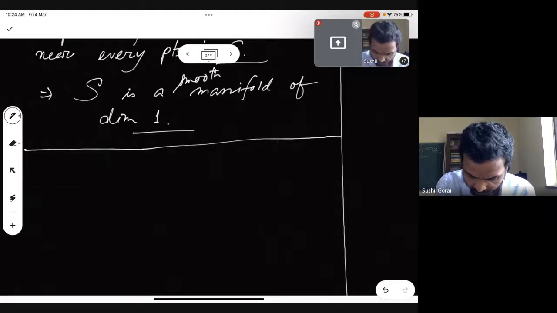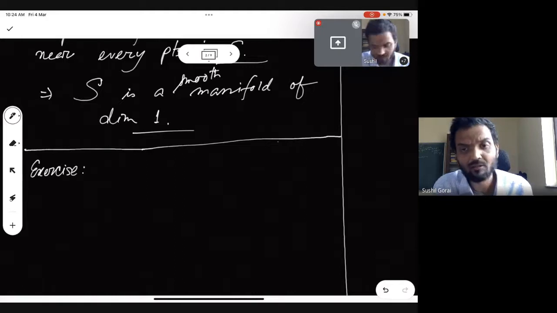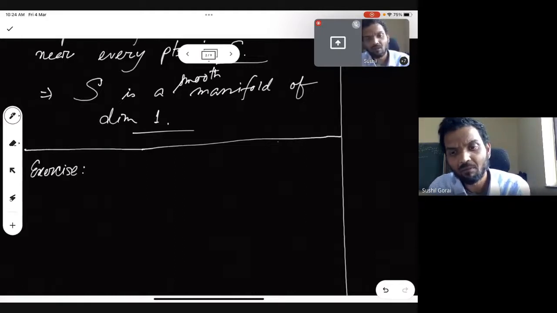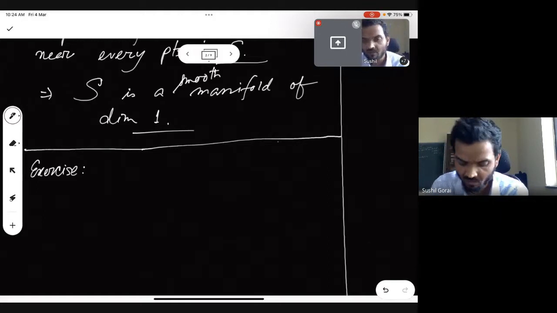So an exercise, using the previous argument, a diffeomorphism corresponds to an isomorphism of tangent spaces.